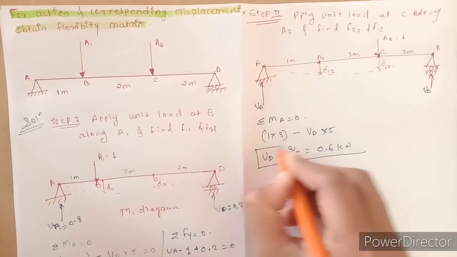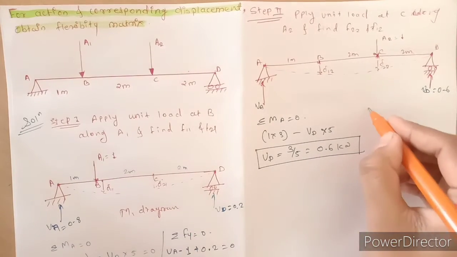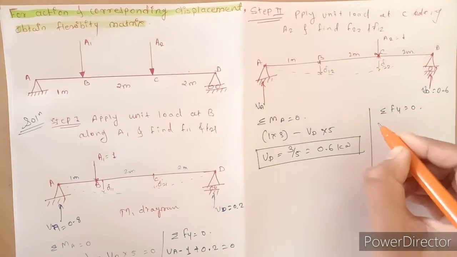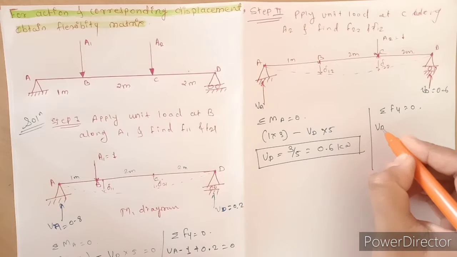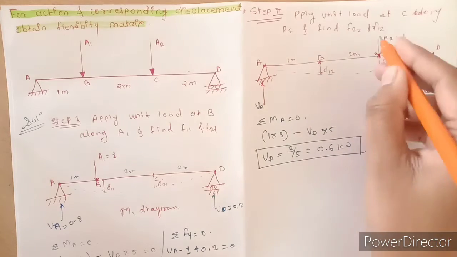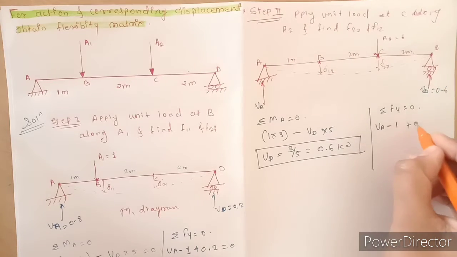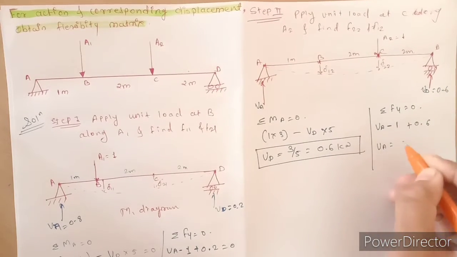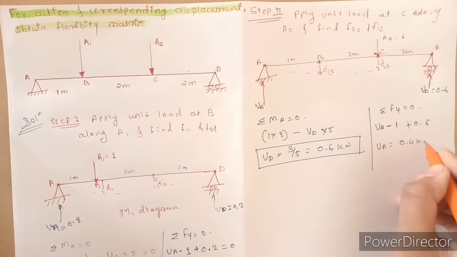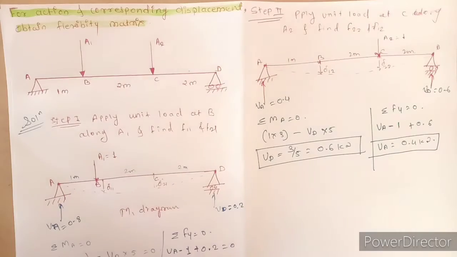Then adding all vertical forces, VA minus 1 kilonewton downward plus VD 0.6, so VA is minus 1 plus 0.6, nothing but 0.4 kilonewton.